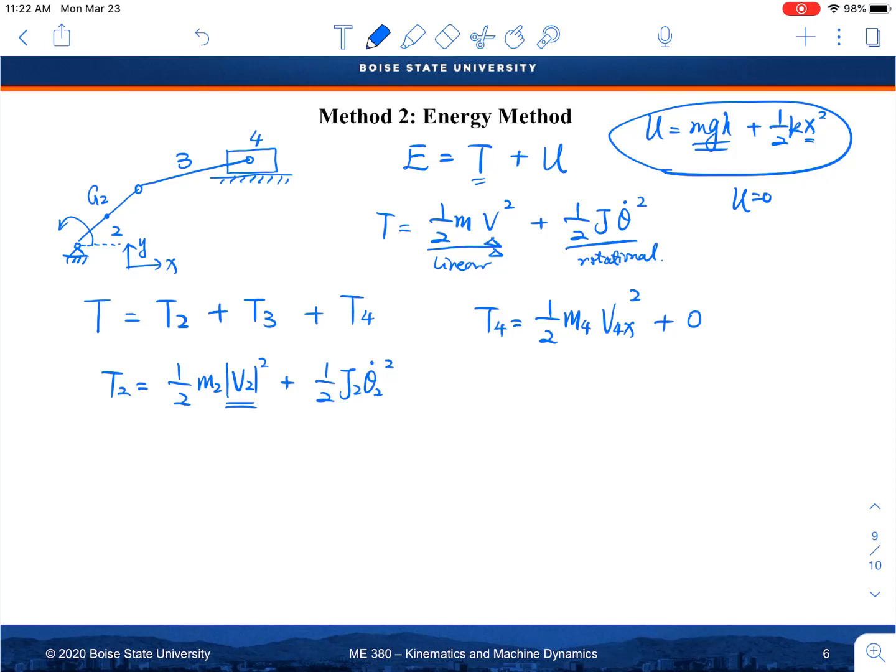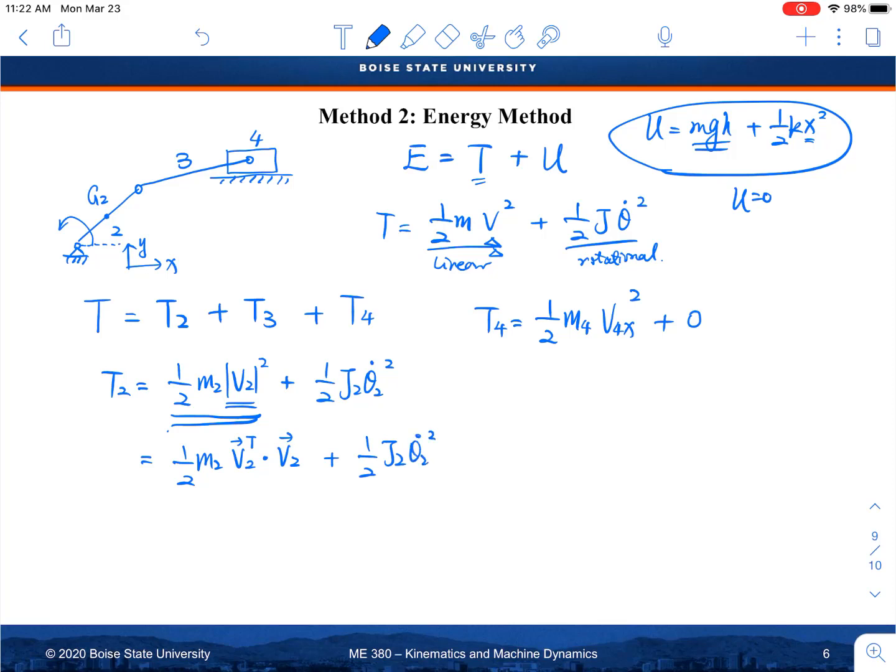It's hard to have the amplitude in your system, but usually we can write this in vector format. You can write it as half m2 v2 transpose dot product v2, where these v2 are velocity vectors, and you can leave the rotational part the same.